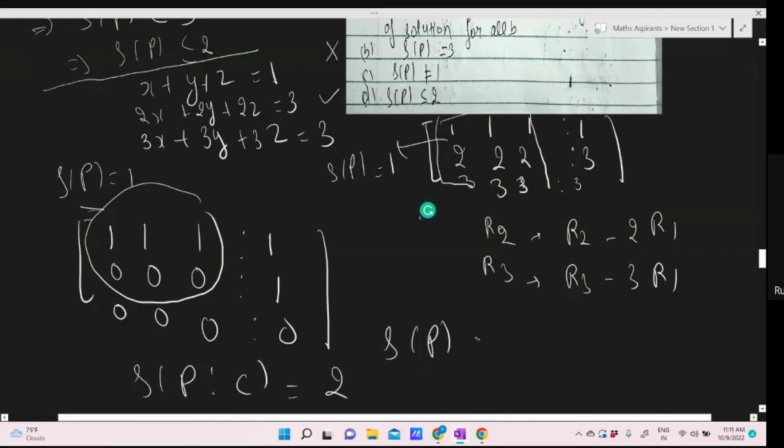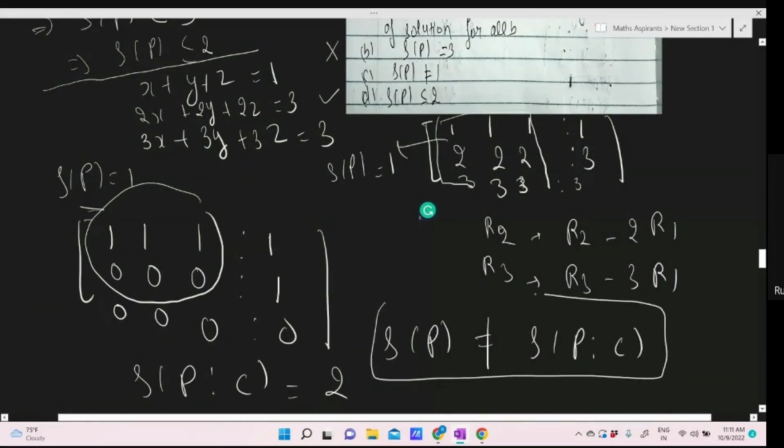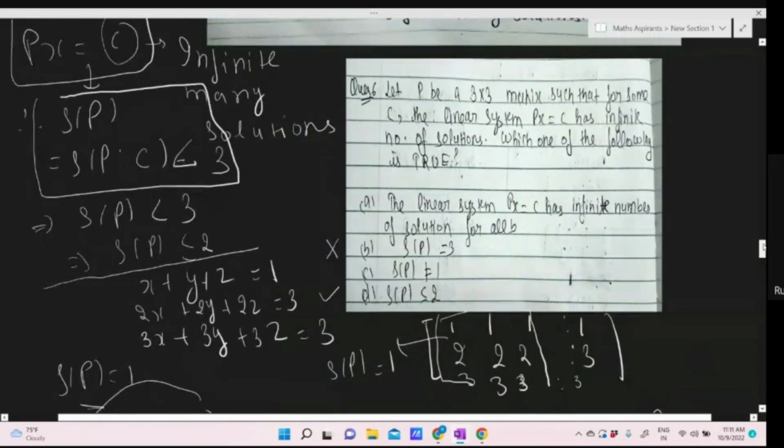Therefore, rank of P is not equal to rank of P augmented C, which is the case of no solution. So option number A says that the solution is always infinite for all values of C. Therefore, this will become the incorrect option.